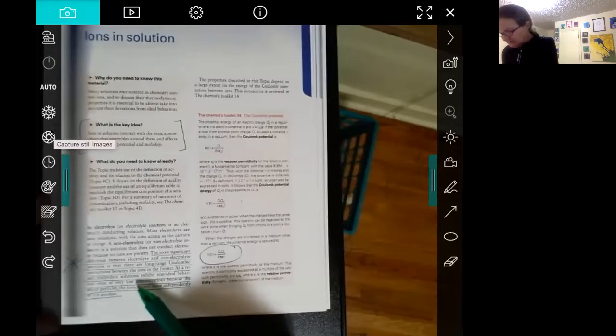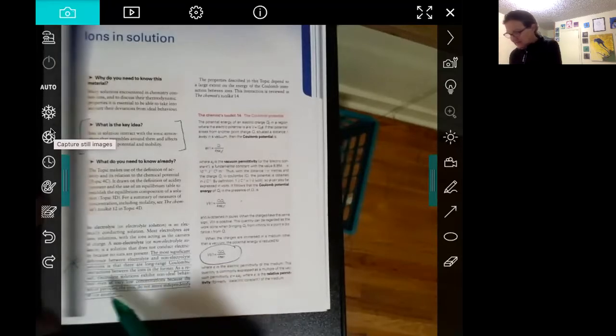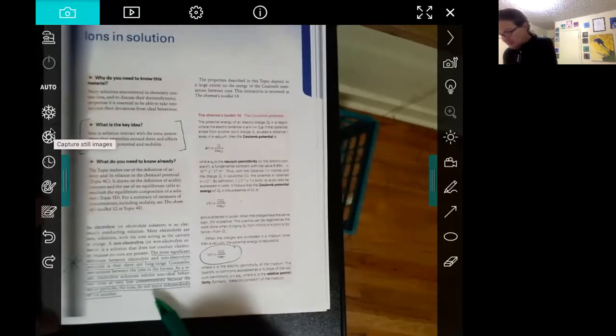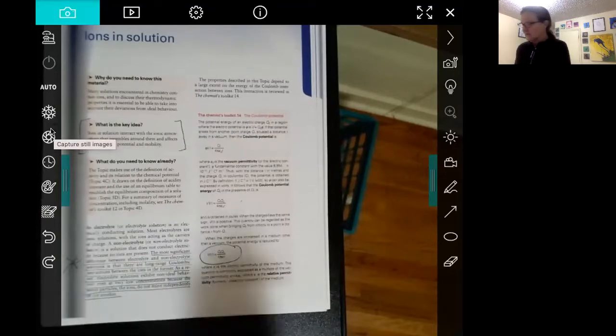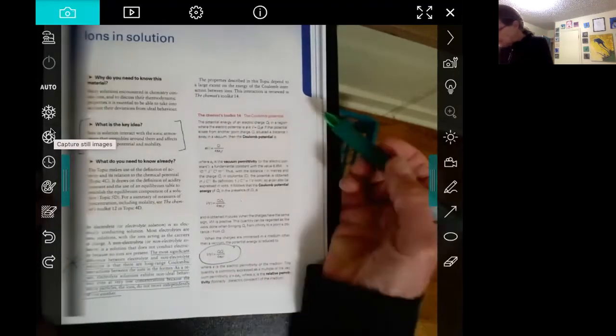As a result, electrolyte solutions exhibit non-ideal behavior even at very low concentrations because the solute particles, the ions, don't move independently of one another. So if you have a cation surrounded by anions or an anion surrounded by cations, that totally changes how things move through solution and therefore how things react in solution.